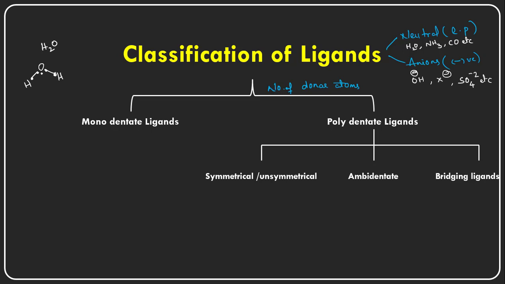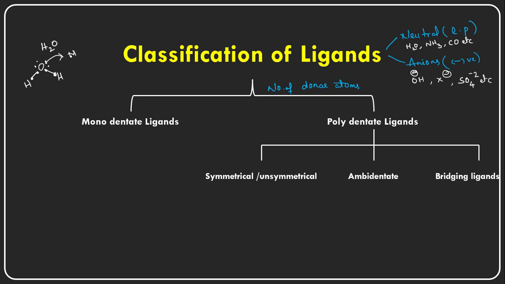So oxygen forms two bonds by sharing its two electrons, and it has two pairs of electrons, and it can donate one lone pair of electrons to the central metal ion.